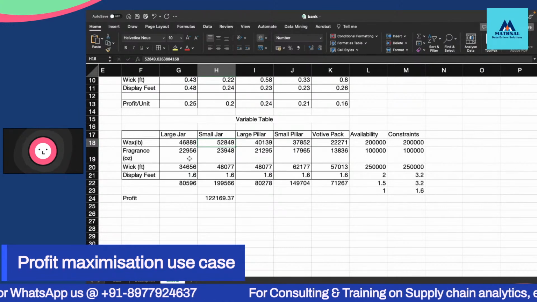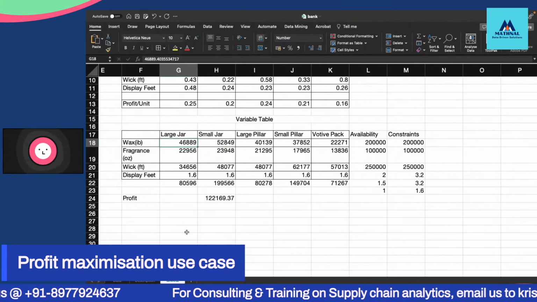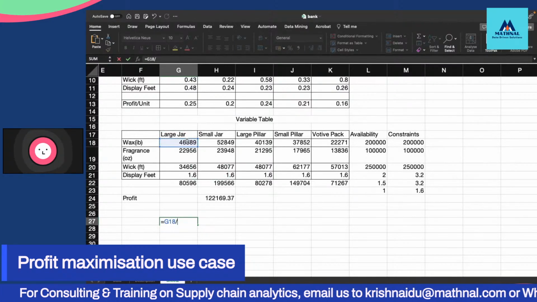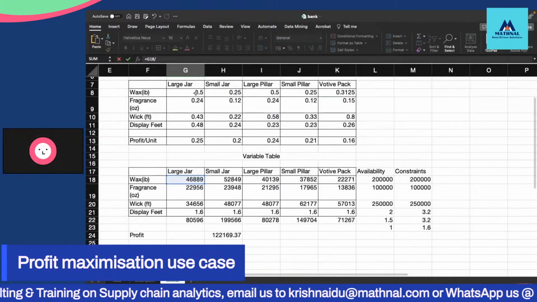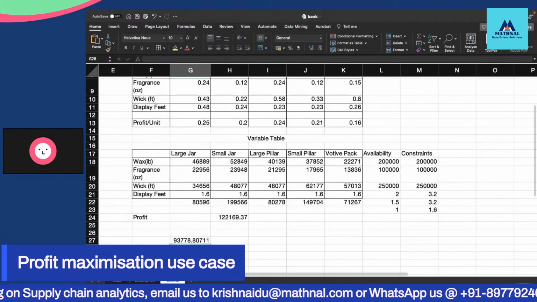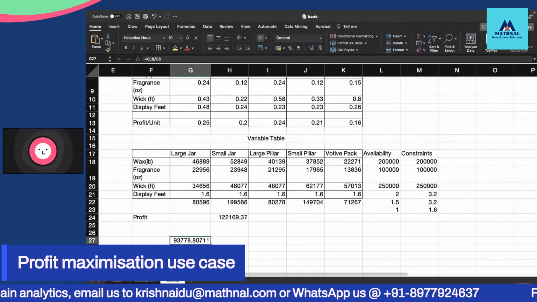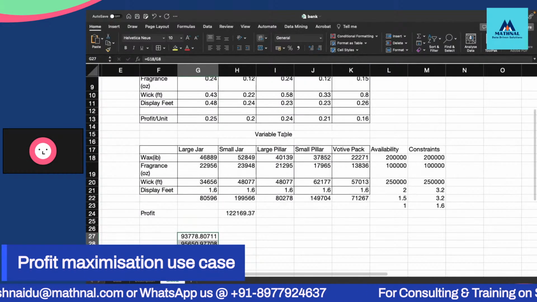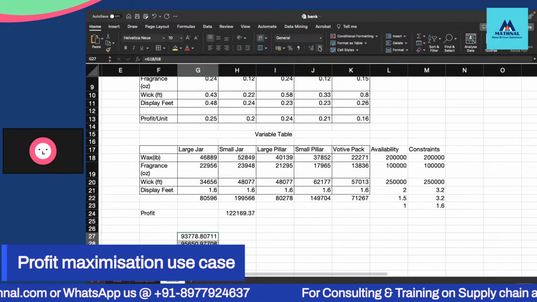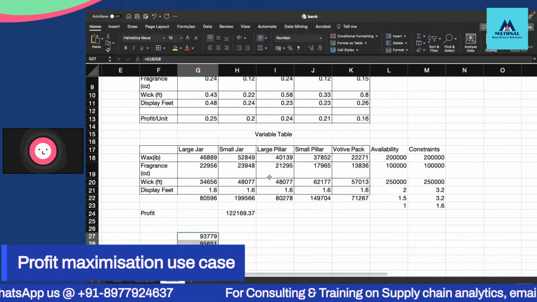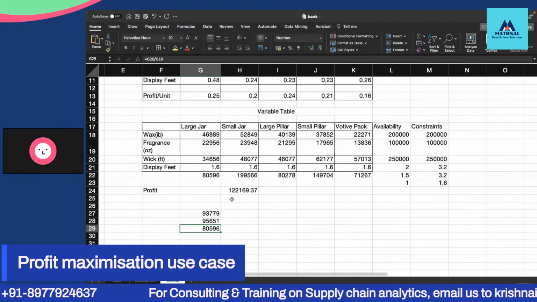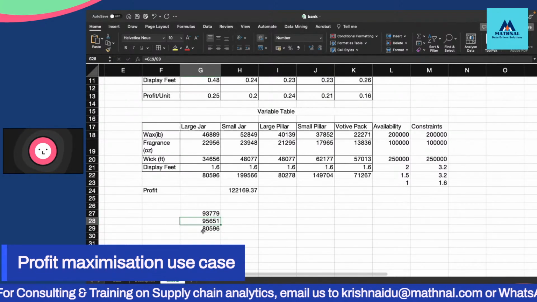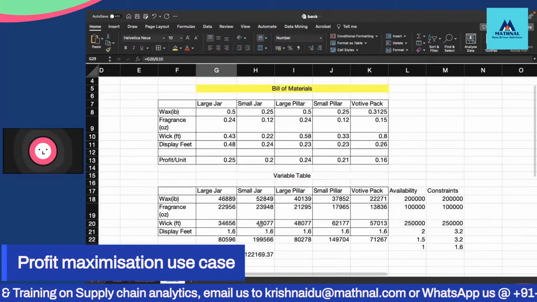So from this, how many raw materials we can make, how many finished goods we can make. So let's say this divided by this. So I'm going to drag this formula 1 2 3. Okay, so we can make 93779, 95651. This is 80596.